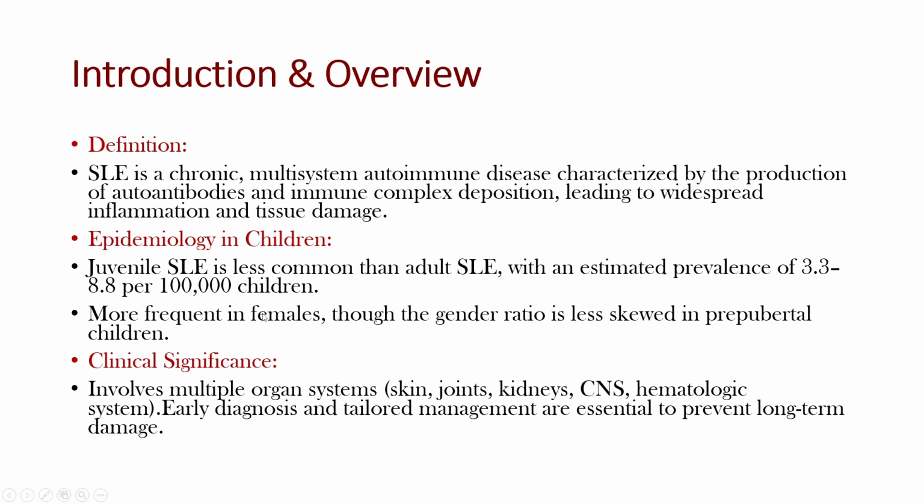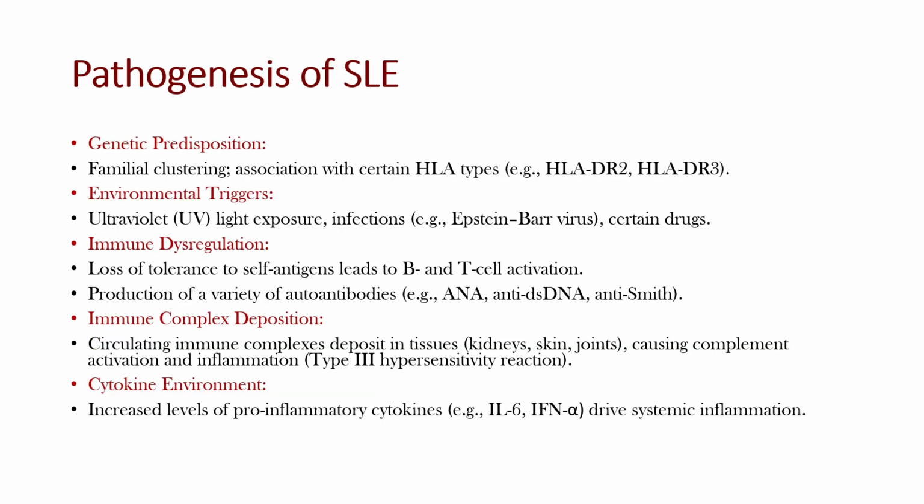It's more frequent in females than males. It involves multiple organ systems, like skin, joints, kidney, central nervous system, and hematologic system. Early diagnosis and good management are essential to prevent long-term damage.